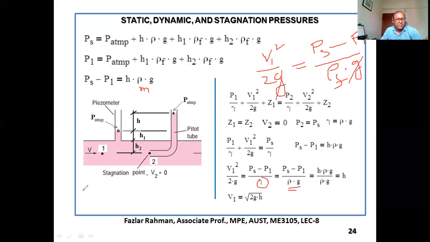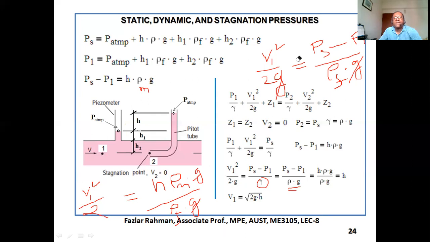Now you are getting V1 squared divided by 2 equals PS minus P1. PS minus P1 equals h rho M times g divided by, right over here, rho times g. And what is this rho? Rho is the flowing fluid. Okay, flowing fluid. Then this g will be out.